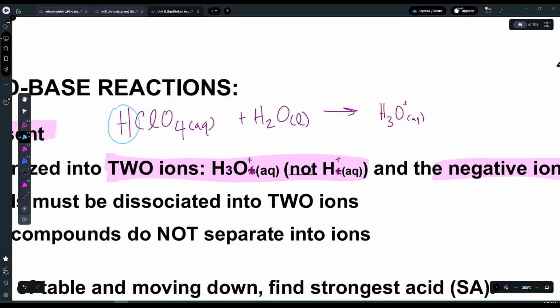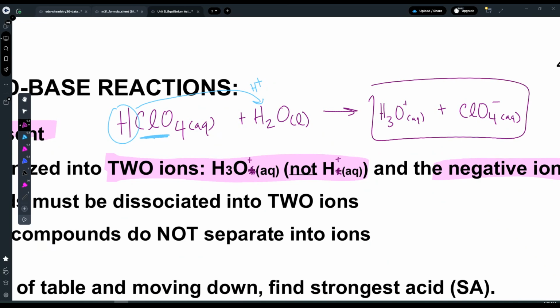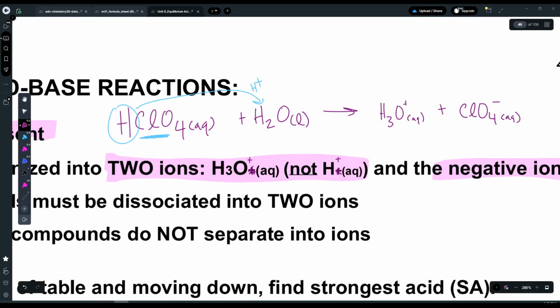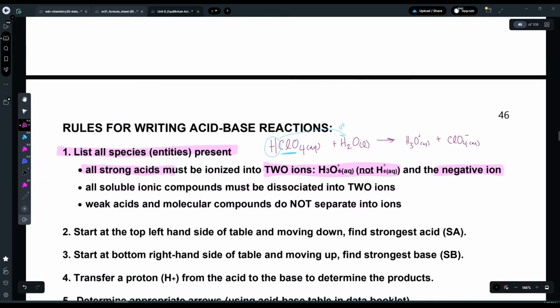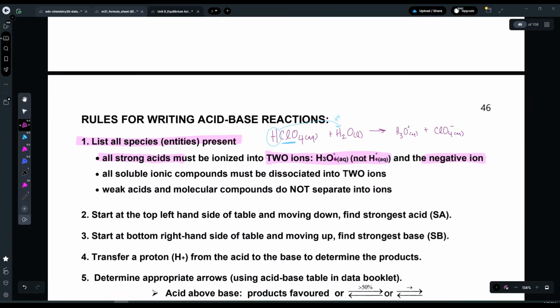We get hydronium if one of these hydrogens goes away from our acid towards water. So then you just look and say, perchloric acid with one less hydrogen in it is just ClO4, and it'll have a -1 charge. That's how you'd figure out what your two ions are. Just react your strong acid with water, and what your products are is what you have to list.